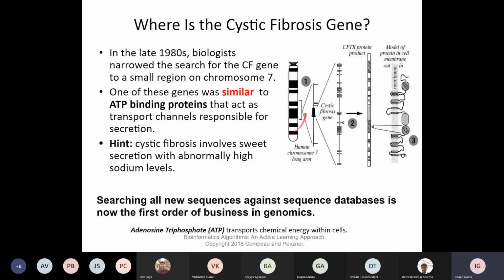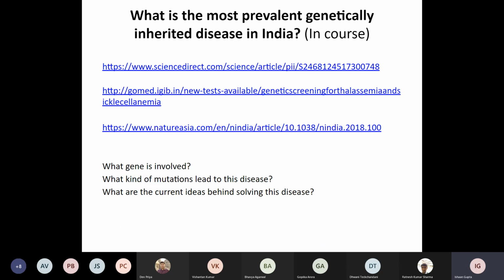Either that would happen, or you can specifically take the chromosome 7 of people who have cystic fibrosis, and you can literally pick up the chromosome 7 using a pipette, and then do RFLP on those fragments. All right, so this is the kind of challenge that people were facing before genome sequencing came about. That's why you have to realize that it's a really big innovation that is going to change how diseases work.